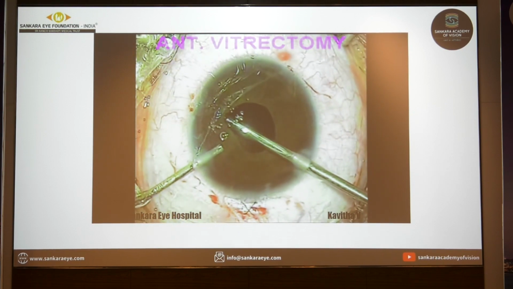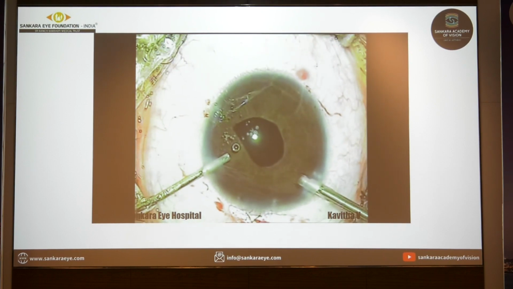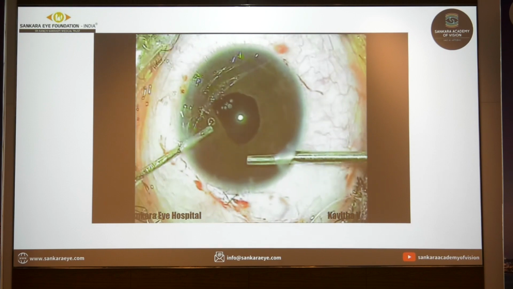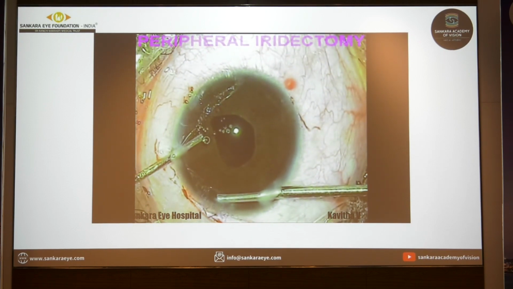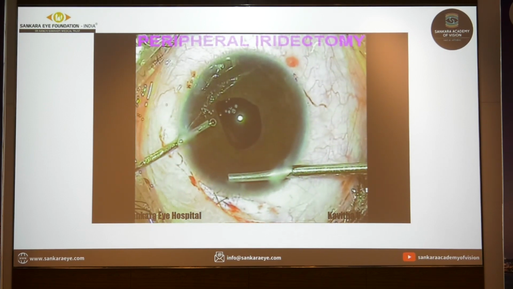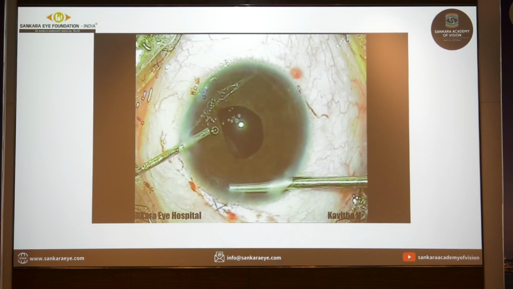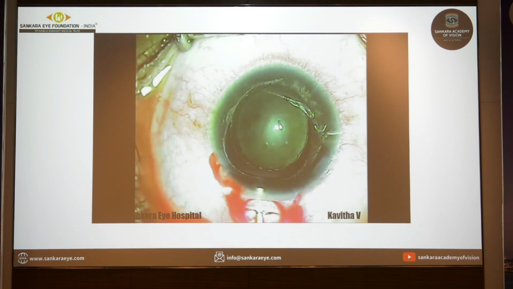This is followed by a good anterior vitrectomy using 2 side ports. I have closed the main tunnel with an X suture, and just turning the cutter and doing a small PI at 12 o'clock. In some situations, you can have a bleed there. Here I didn't have.